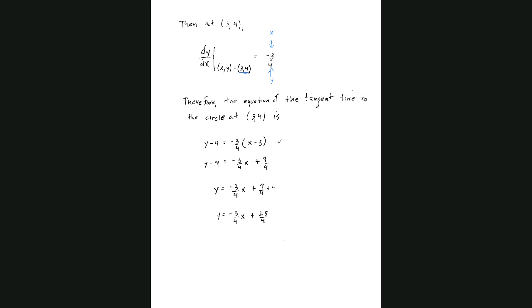And so therefore, the equation of the tangent line to the circle at 3, 4, you just use the point slope formula and work it out, and you'll get the equation of the tangent line.